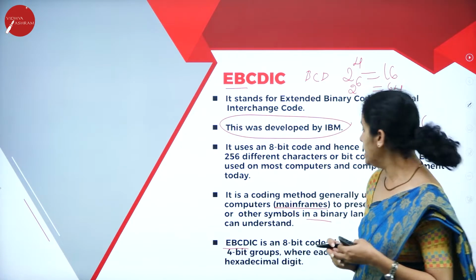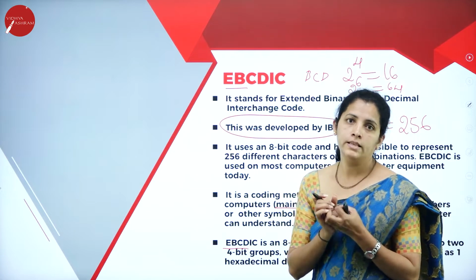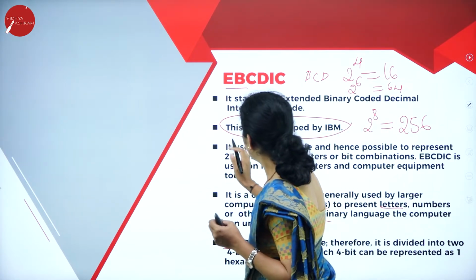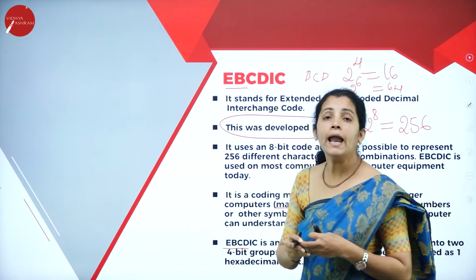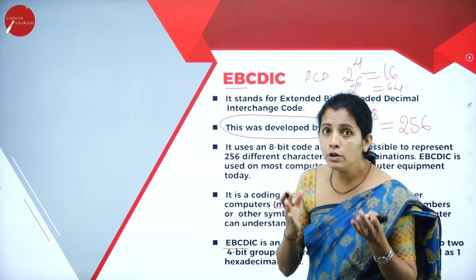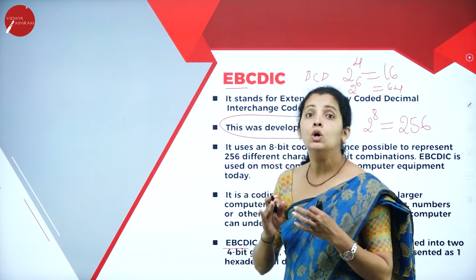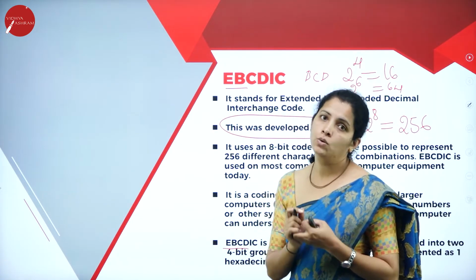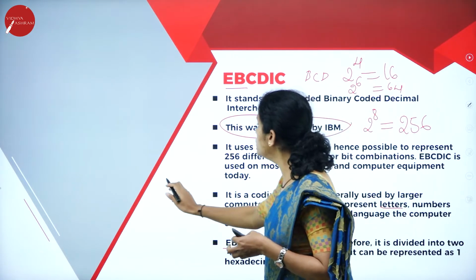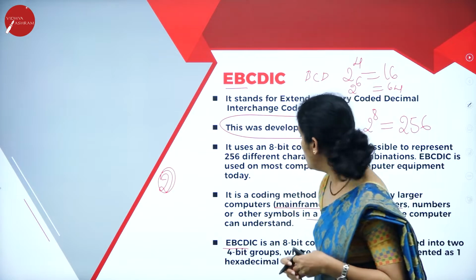Therefore, it is divided into 2 four-bit groups. That means to represent 2 to the power 8, I'm having 8 bits. So what I will do here, I'm going to divide 8 bits into 2 different 4-bit groups. That means I'm having 2 groups and each group includes 4 bits.